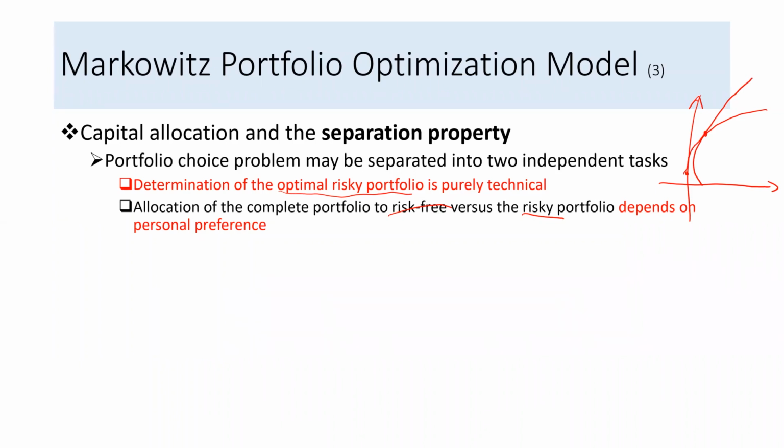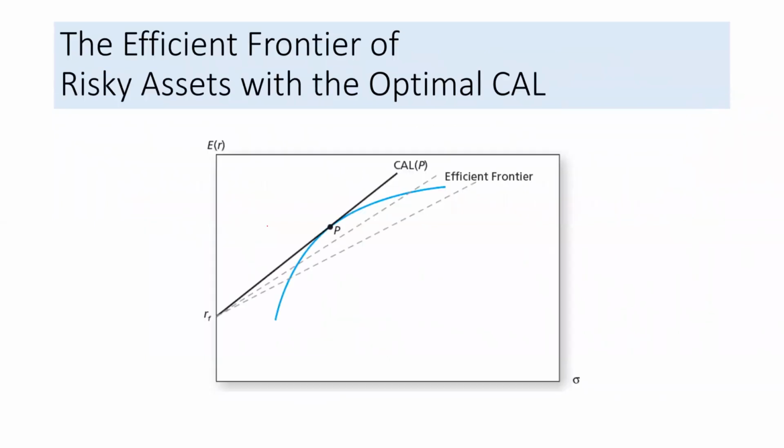But the choice you make on how much proportion you want to invest in portfolio P, the optimal risky portfolio, determines the location that you are at on this straight line. This is a very personal decision that depends on your preference and your utility function. Your utility function should reflect your preference. This graph shows that the optimal risky portfolio here offers the highest Sharpe ratio and also has the steepest slope.